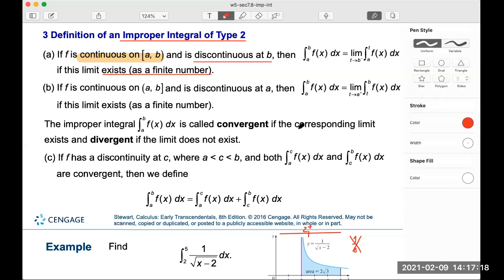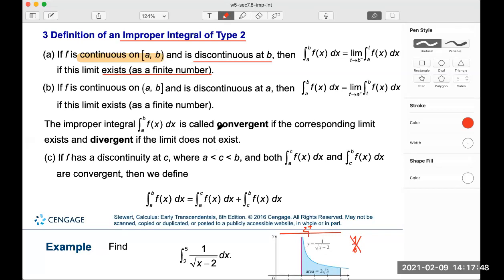Just a definition. Similarly, if the function f(x) is discontinuous at a, it blows up or down, going to positive or negative infinity, and this limit exists, then we call it an improper integral type 2.